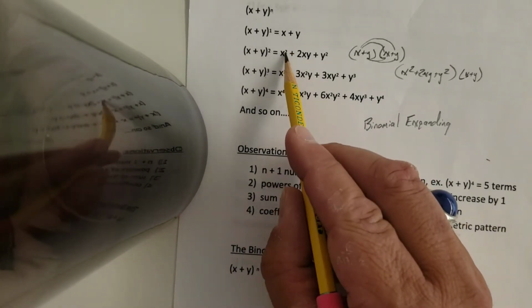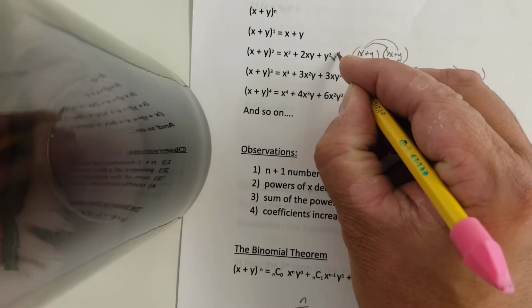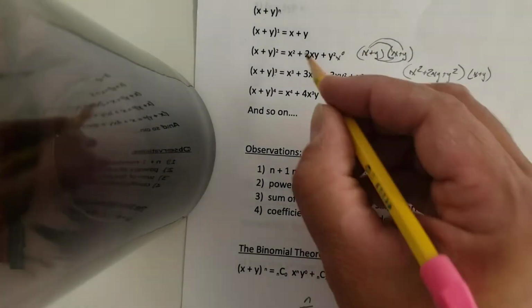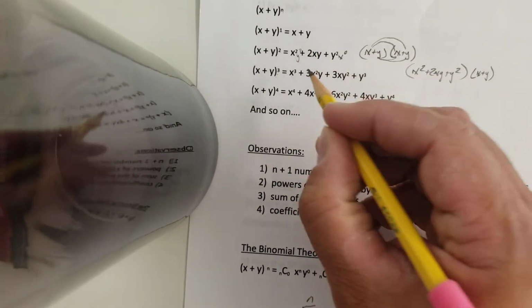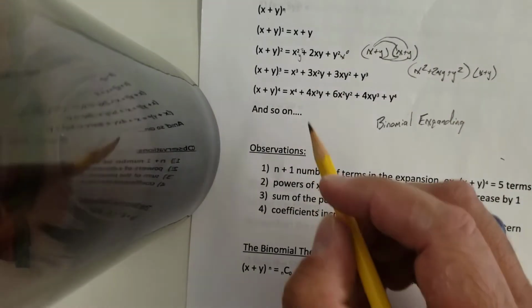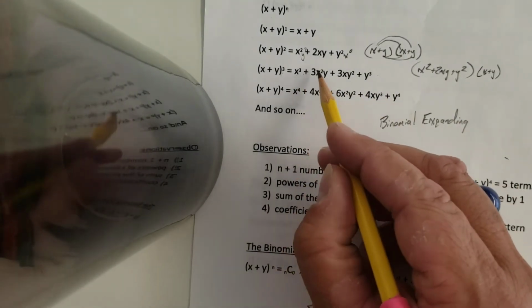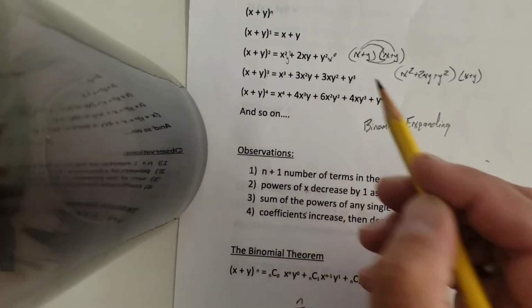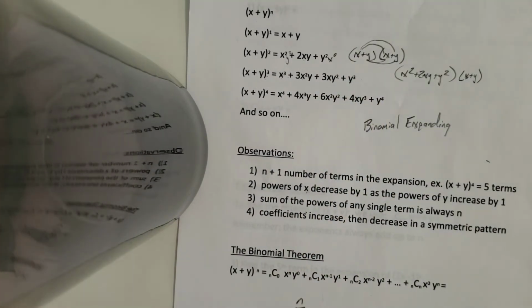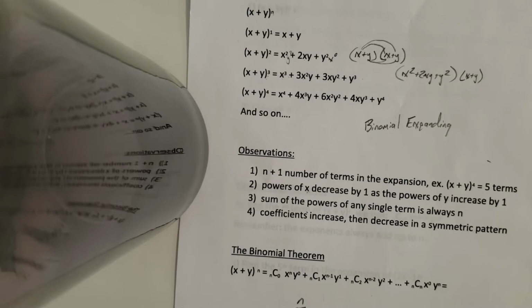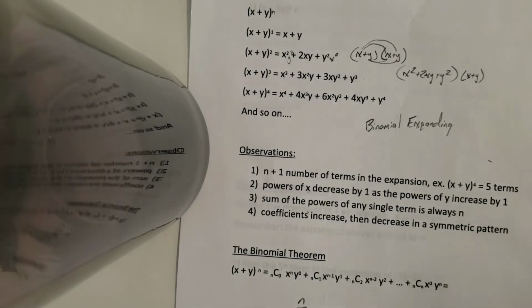So you see the power of x, 2, 1, and technically x to the 0 power. And then this is technically y to the 0, 1, 2. And you see it, 3, 2, 1, 0. 0, 1, 2, 3. The sum of the powers of any single term is always n.